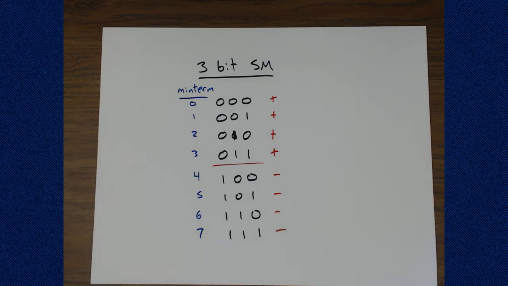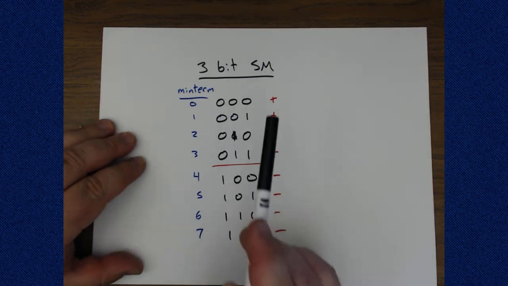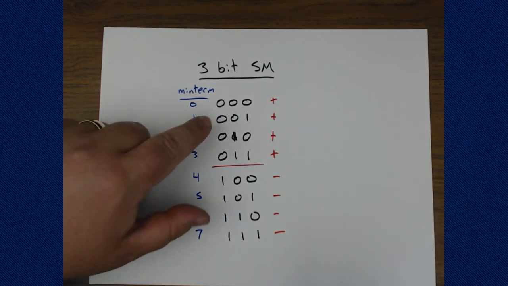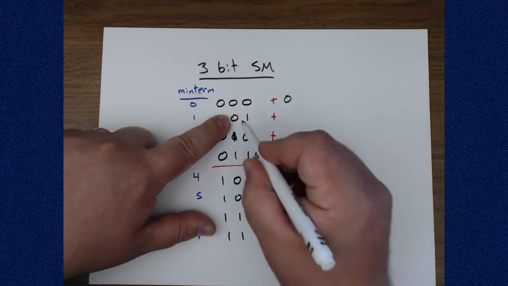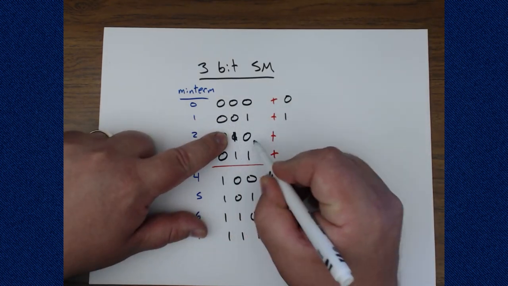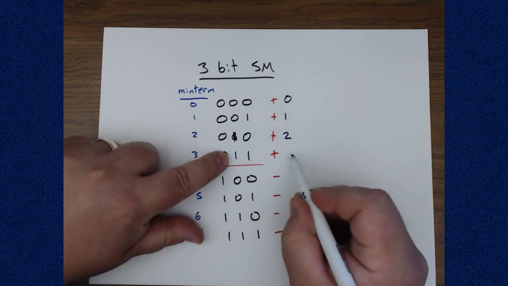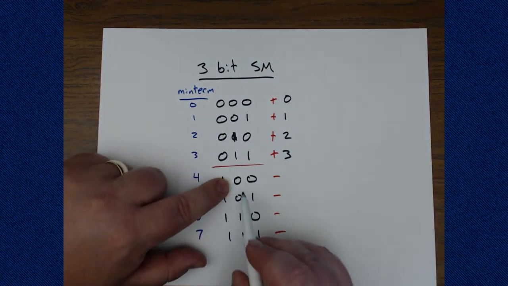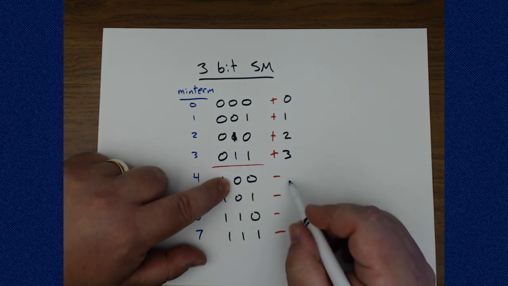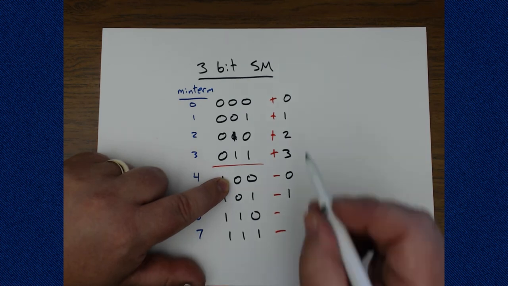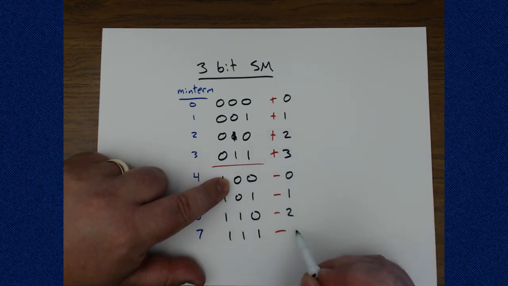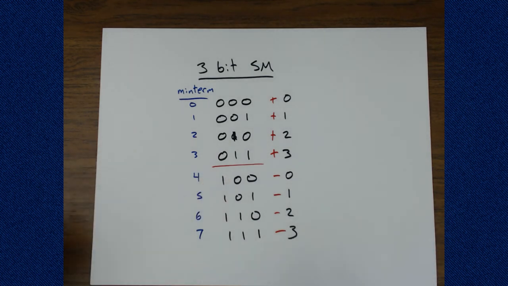From this, we can just look at the bit patterns remaining in the low order 2 bits to come up with the magnitude. So this is a magnitude of 0, a magnitude of 1, a magnitude of 2, and a magnitude of 3. And then those same bit patterns repeat: 0 0, 0 1, 1 0, and 1 1. So we're going to see negative 0, negative 1, negative 2, and negative 3 here.